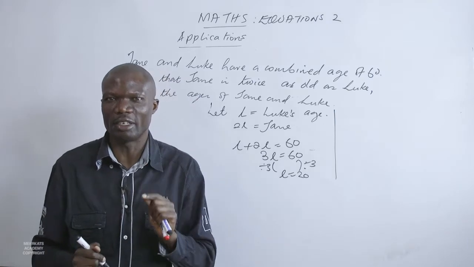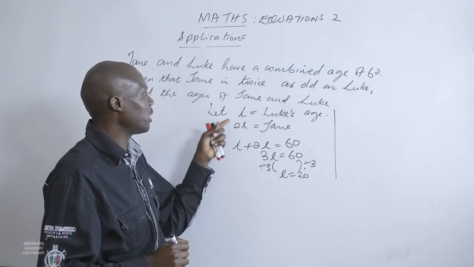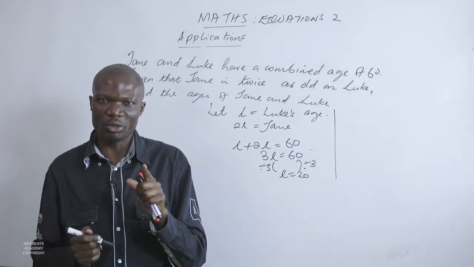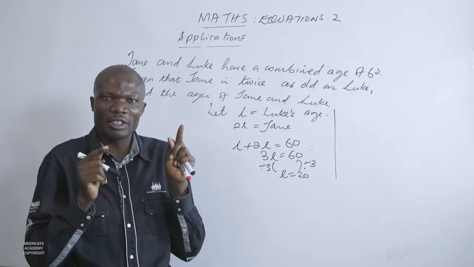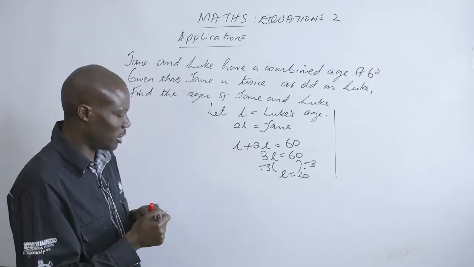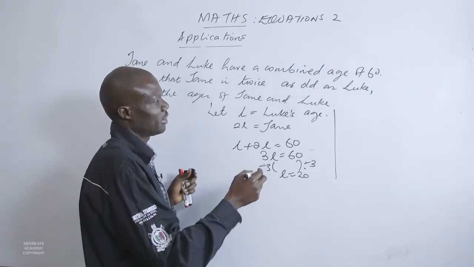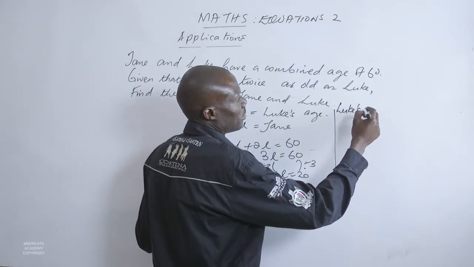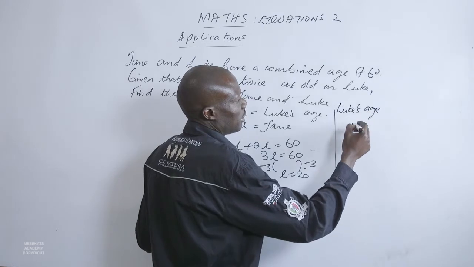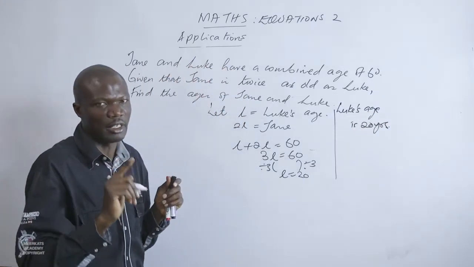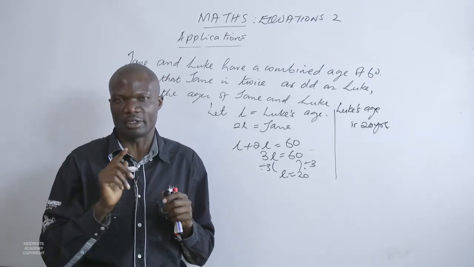What is L? L is Luke's age. So we need to answer and show the real situation here. We should say that Luke's age is 20 years. Specify 20 years.